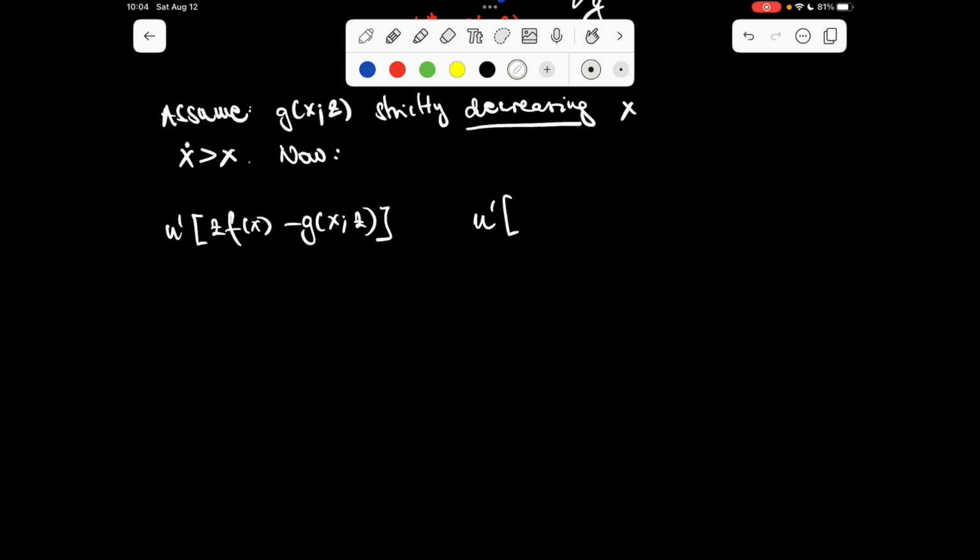On the other hand, let's put the other x into the utility function, and given that f is strictly increasing in x, and given that policy function g is supposed to be strictly decreasing in x, then on the right the argument of u prime is higher than the argument on the left, so this relation holds.